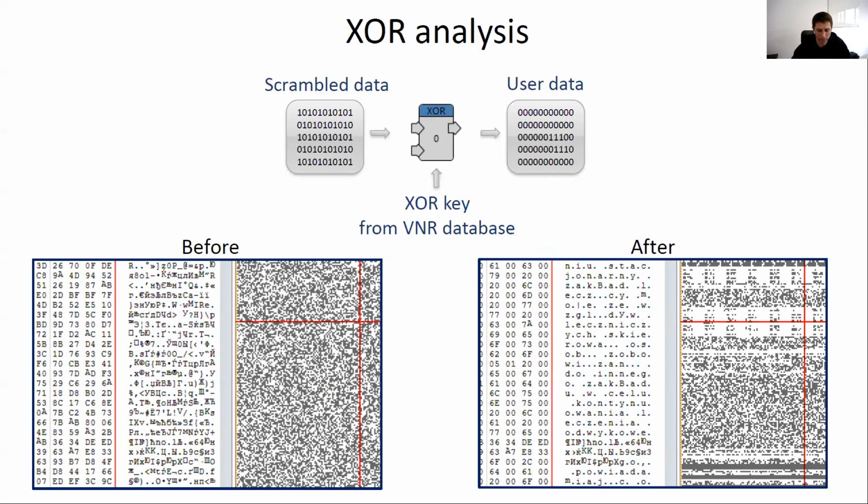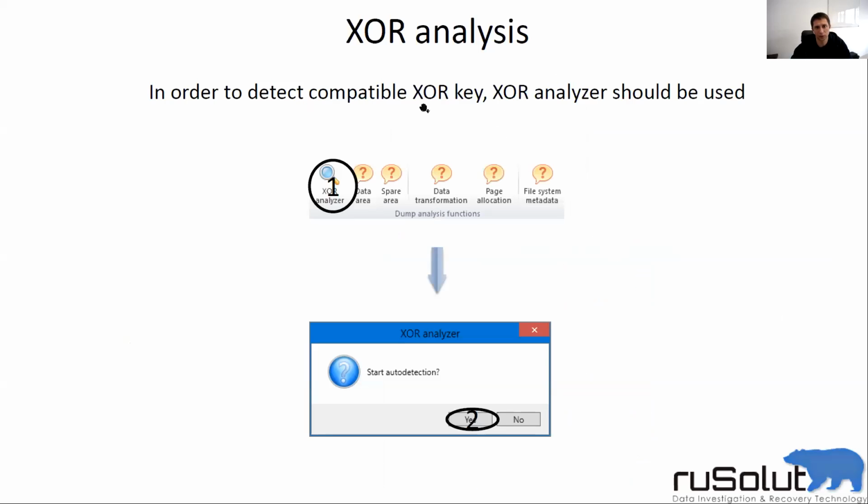Some time ago it was not a very easy task, because there are many keys with different sizes or different patterns. But now we do have the XOR analyzer tool, and it's really easy now to select the correct key.